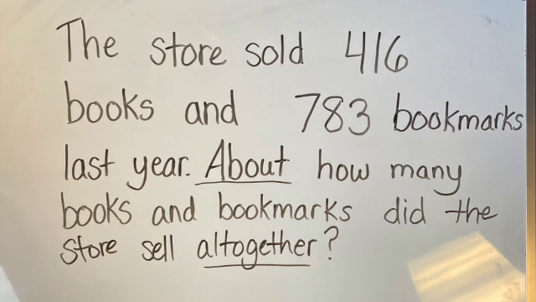Notice how I underlined the word about in this problem, because another word for estimate is about. So I thought that was a very important word to take note of, that means I'm going to estimate. And I also underlined the word altogether, which means I am going to add these two numbers together, because altogether just means I'm going to combine both numbers. And I add to combine.